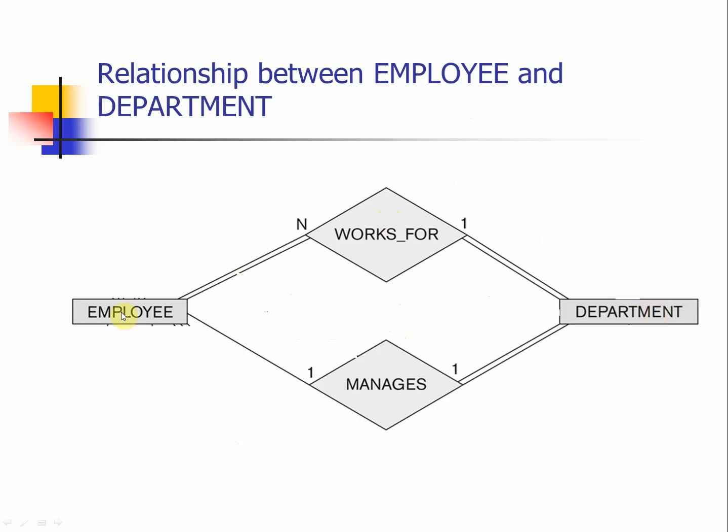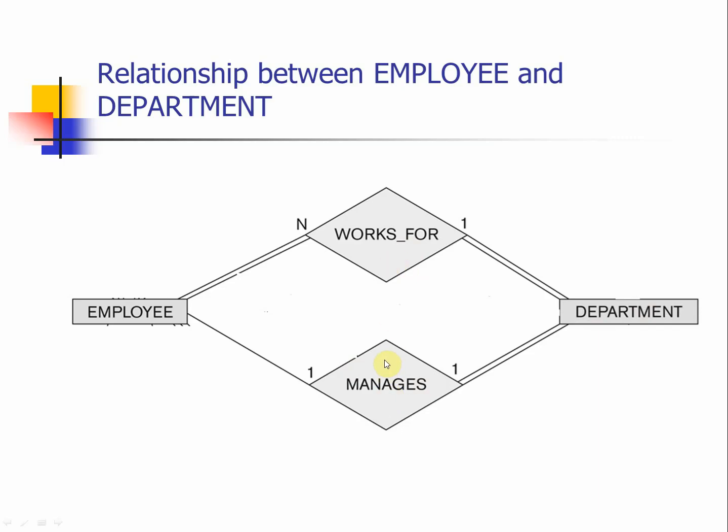In the other example, employee manages what department is shown here. And therefore, you can see that we have a diamond shape indicating that employee and department have a relationship called works for. Employee and department have another relationship called manages. They are describing different things, so they have different meanings.